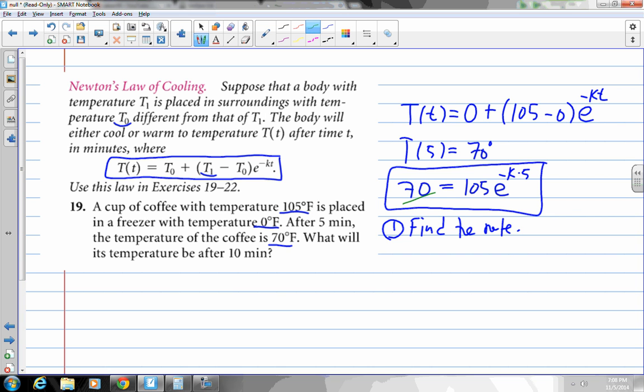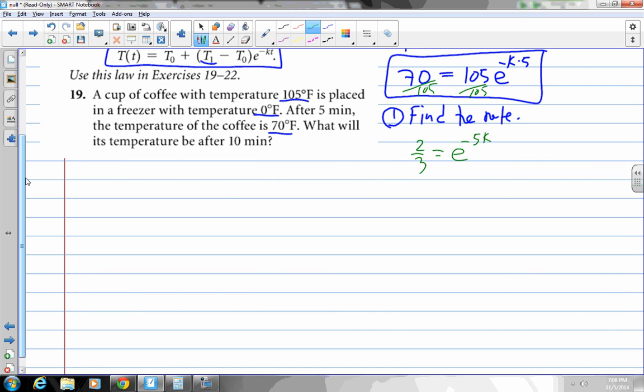So divide both sides by 105. Actually, 70 over 105 is just 2/3, equals e to the negative 5k. Take the natural log of both sides, and we get ln of 2/3 equals negative 5k.